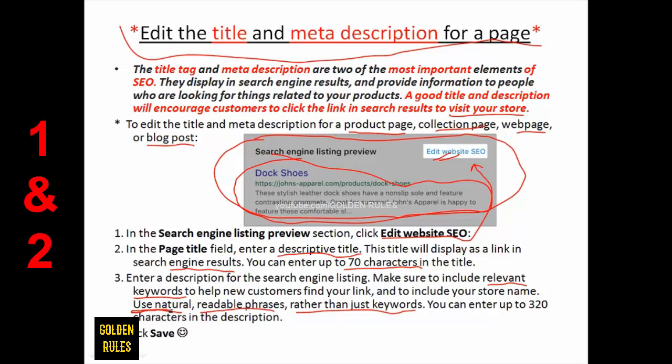These small things work very well, but 99% of people ignore this. You can enter up to 320 characters in the description, because 320 characters is accepted by most of the search engines. And finally, you can click the save button.